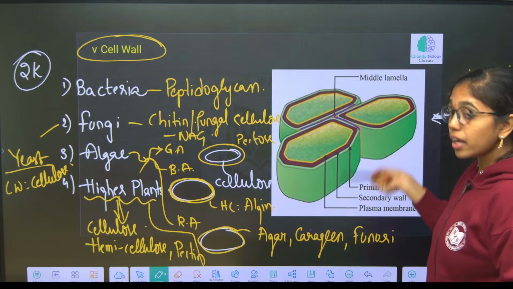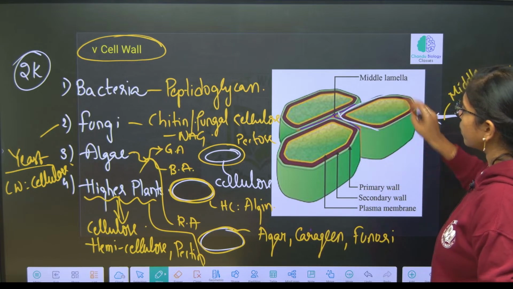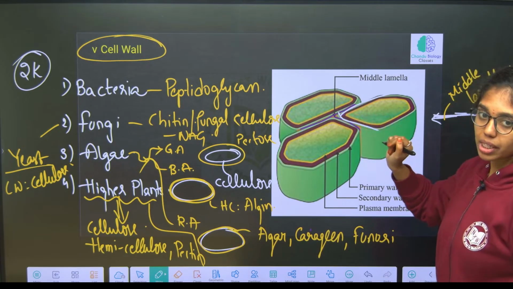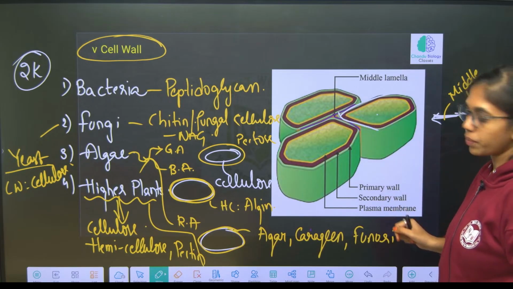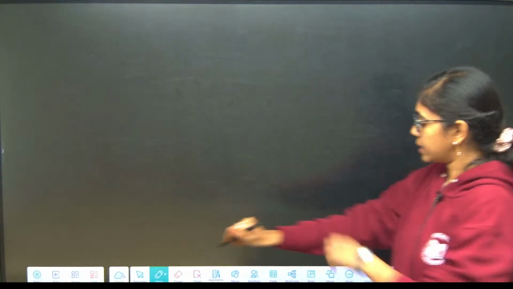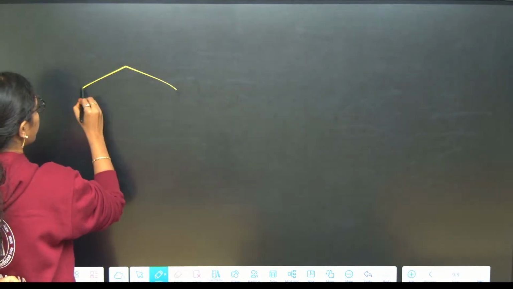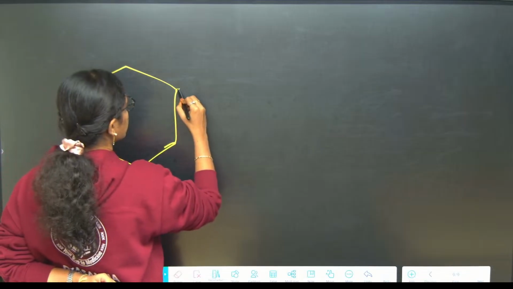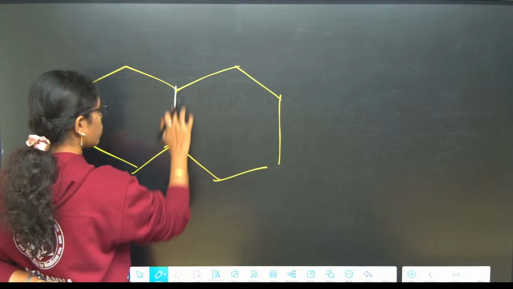Next, inner to the middle lamella, primary cell wall is formed. Next, inner to the primary cell wall, secondary cell wall is formed, that is close to the cytoplasm. Okay, I will explain you clearly. See, first, in between two cells, the first layer that is formed is what?